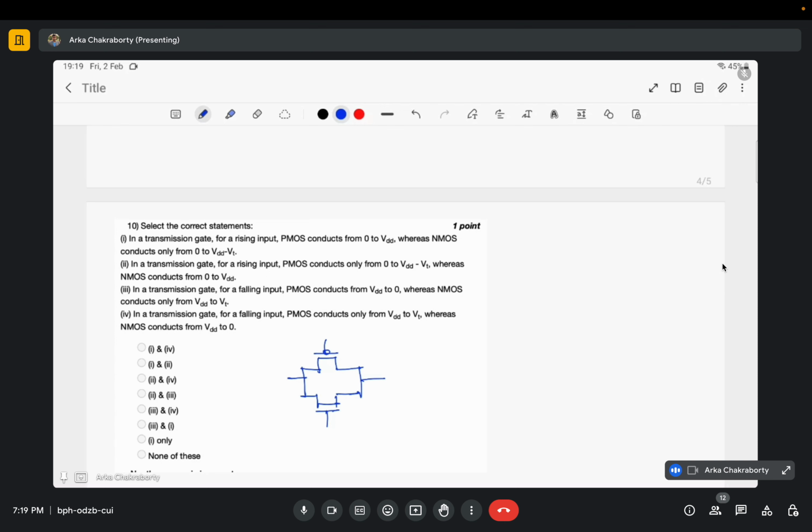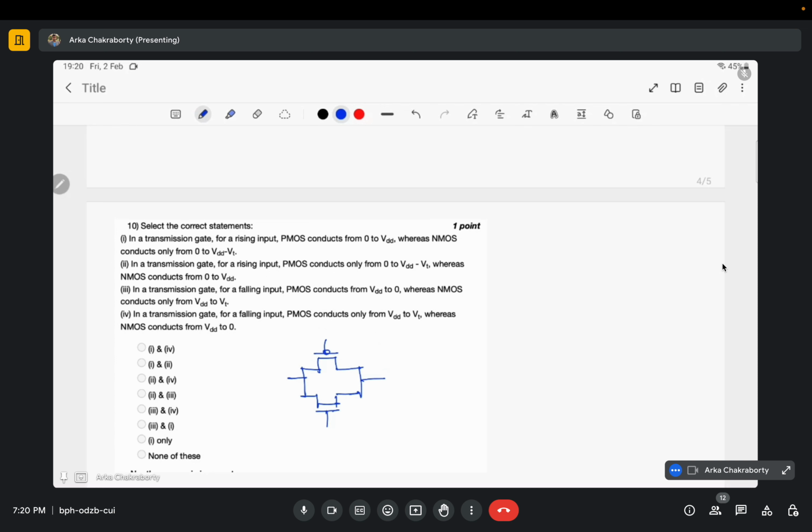Well, PMOS can pass a strong VDD but passes a degraded 0 or weak 0. That's why we connect them in parallel. As they are in parallel, the resistance will also be low, but the main benefit is that it will be able to pass any voltage. This transmission gate will be able to pass any voltage that we require.